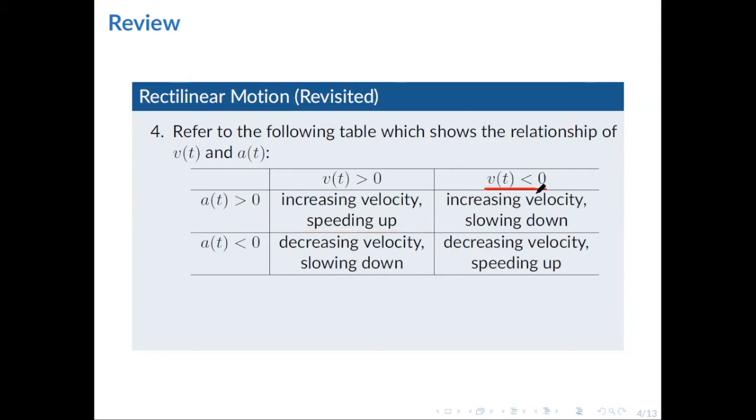If V of t is negative but A of t is positive, the particle has an increasing velocity but is slowing down. If V of t is positive and A of t is negative, the particle has decreasing velocity and is slowing down. If V of t is negative and A of t is negative, then the particle has decreasing velocity and is speeding up.